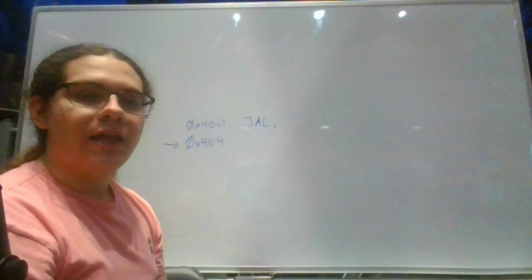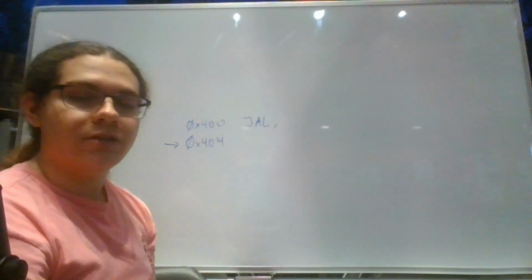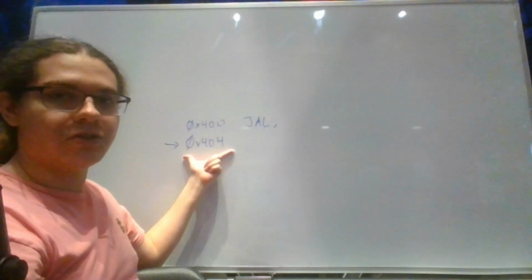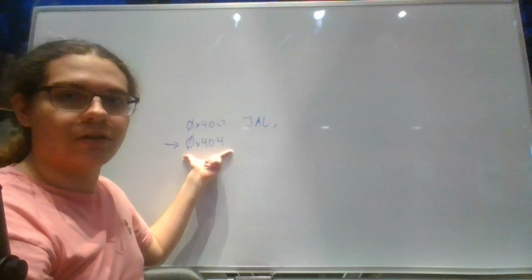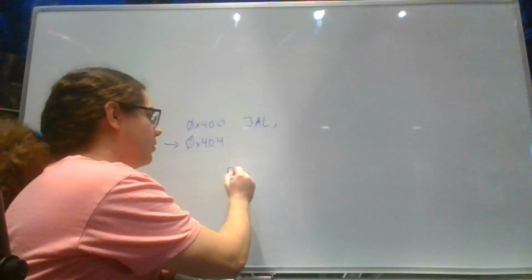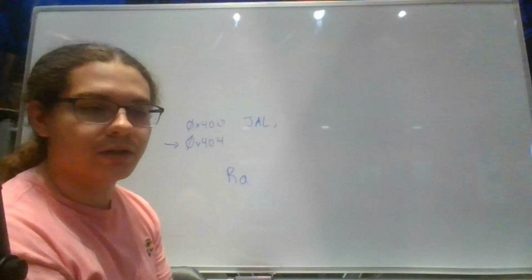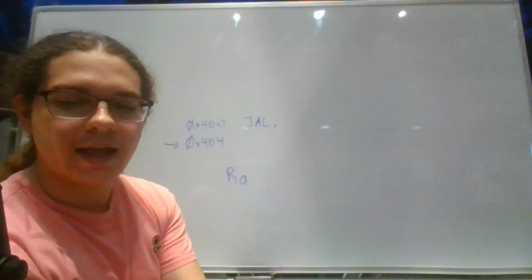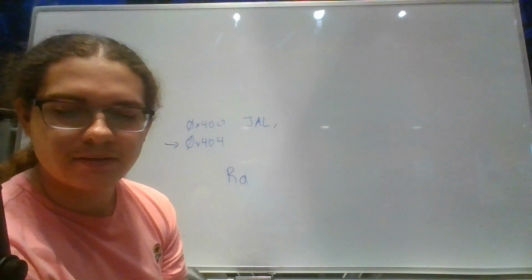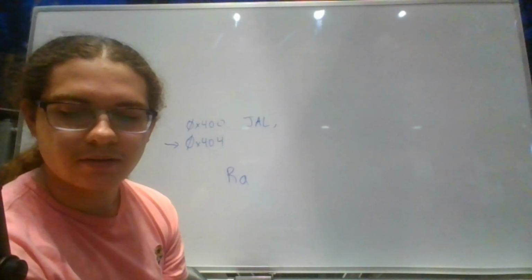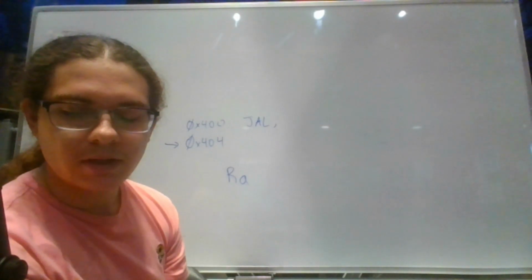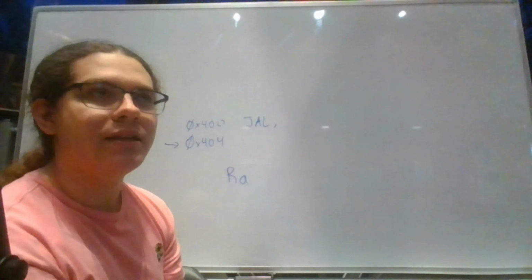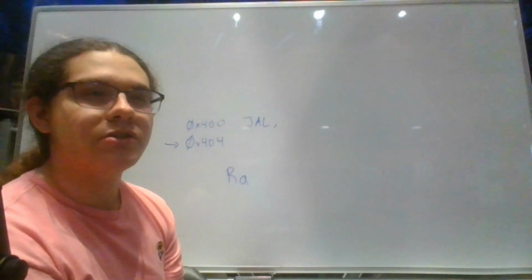Typically what's done is the instruction, when it's run, does those two things. The first thing it does is it saves this memory location, and it stores it into a register. And the register it stores it into is RA, which is the return address register, if I recall correctly. I want to say that it's register 2.